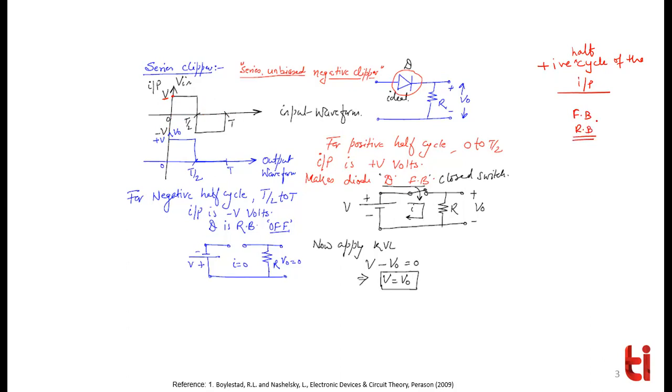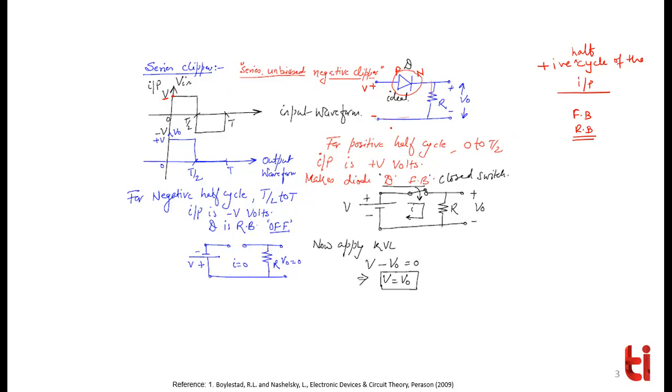Now you are applying the positive half cycle, meaning positive V over here and negative over here. So this end of the diode is P and this end is N. As soon as you have a circuit, first mark P and N, and then check whether P is more positive than N or not. P is connected to the positive, N is connected to the negative, so definitely this is under forward bias.